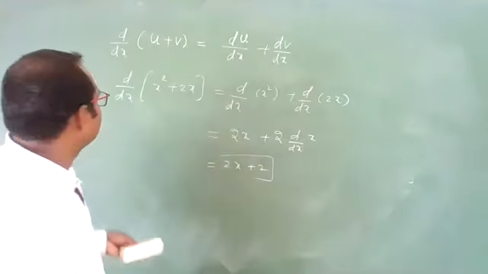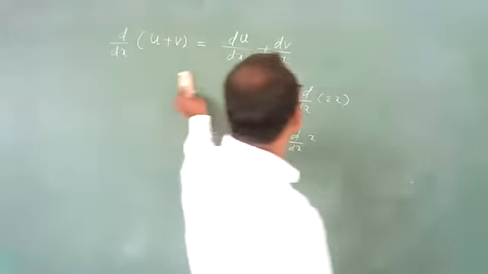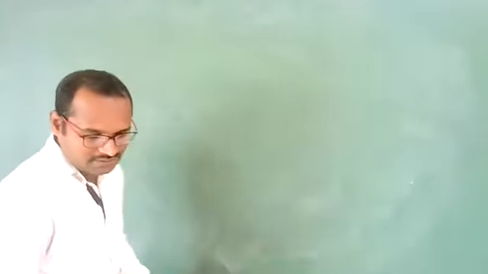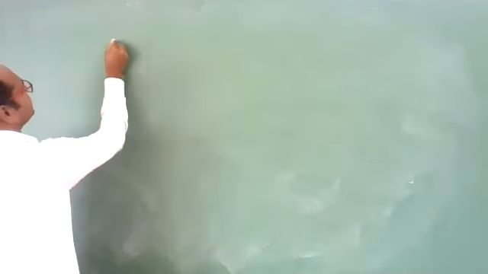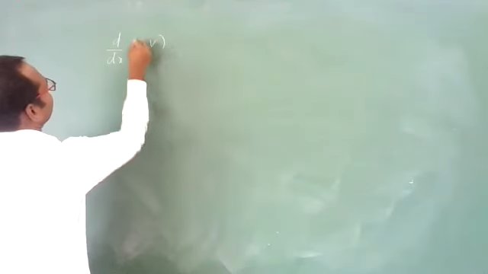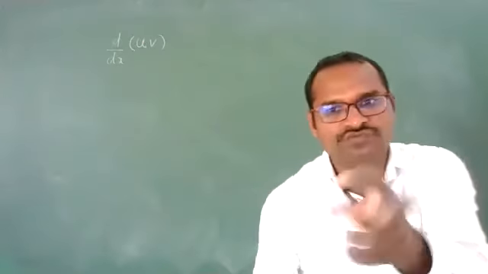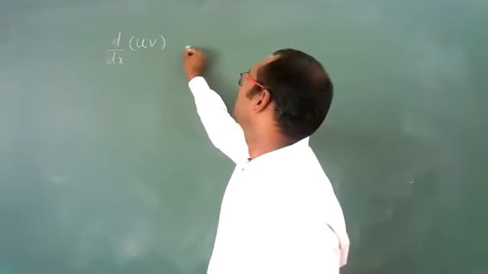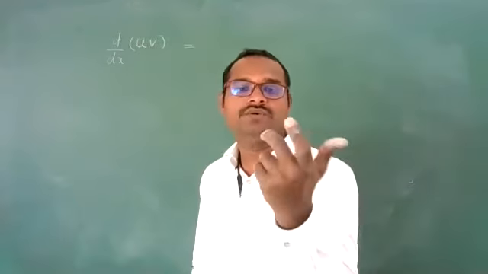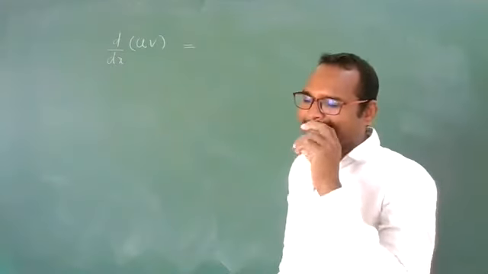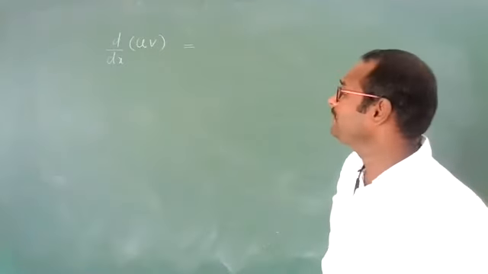Now, let us take one more. Let us suppose, students, imagine you are having a function like this. D by dx of uv, means a function is a product of two variables. U and v are two variables, let us suppose. Then what you will get? Here, whenever you are doing one product differentiation, remember students, it is important.